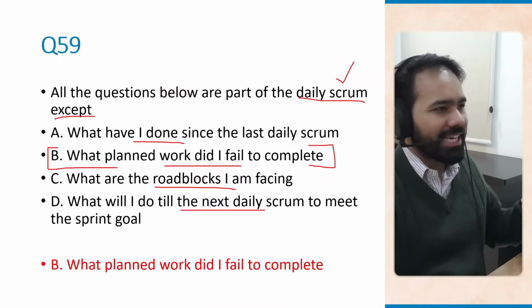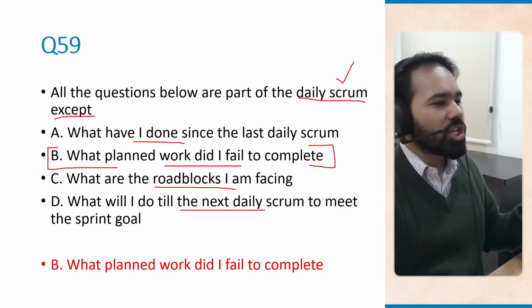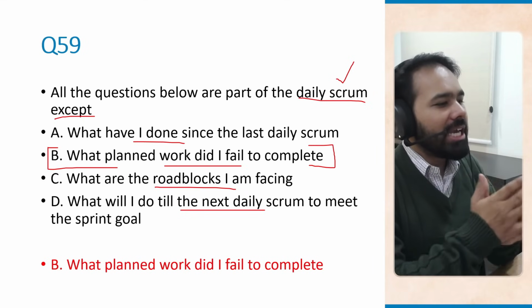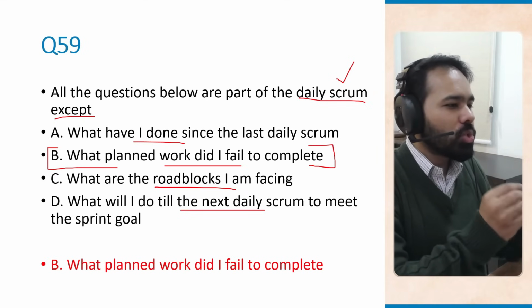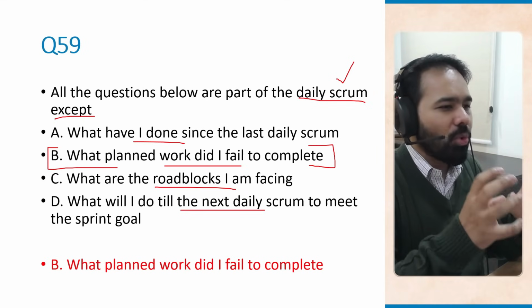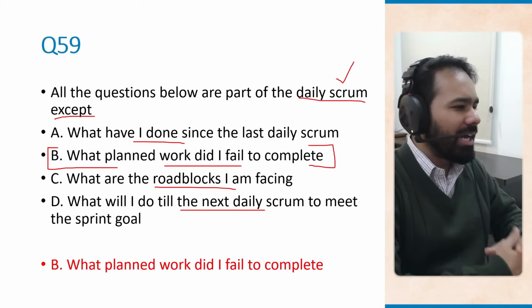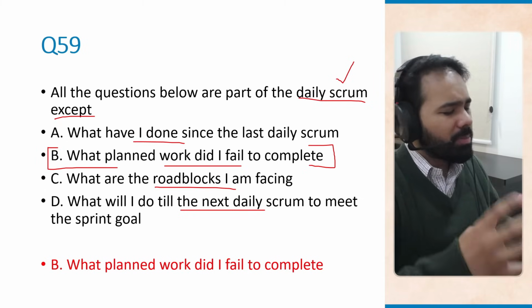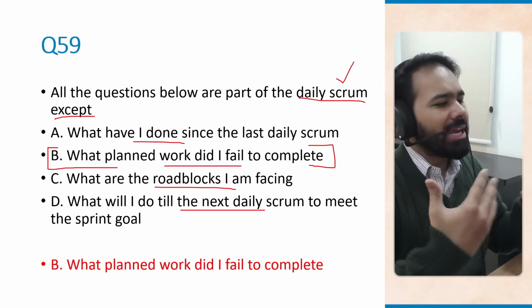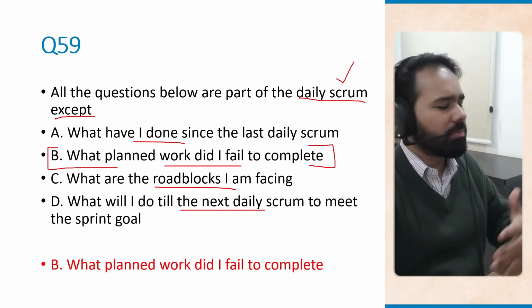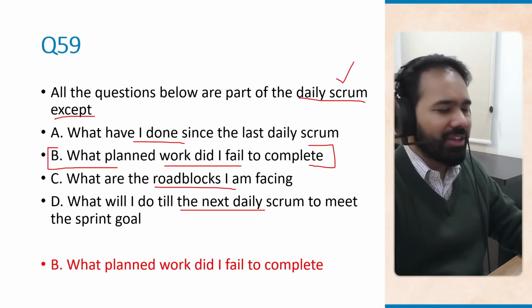It is not like that. It is not focused on what a team member might have failed to accomplish, which should be part of the status report, and it should be handled in retrospectives or maybe some other discussions, but definitely not in the daily scrum.